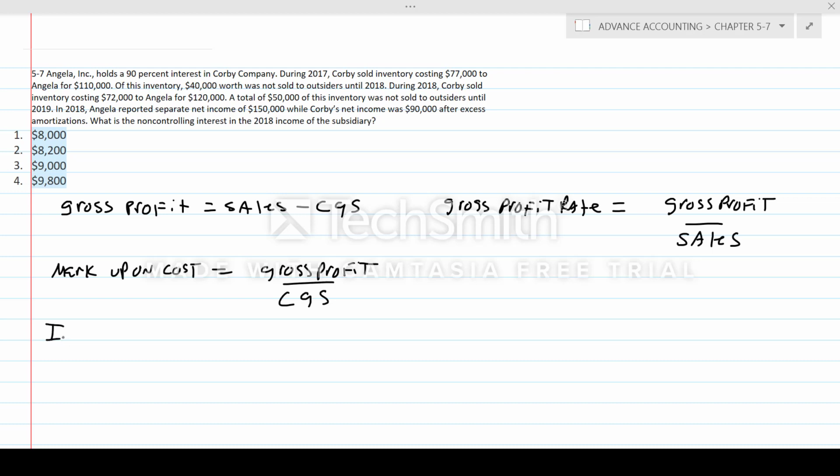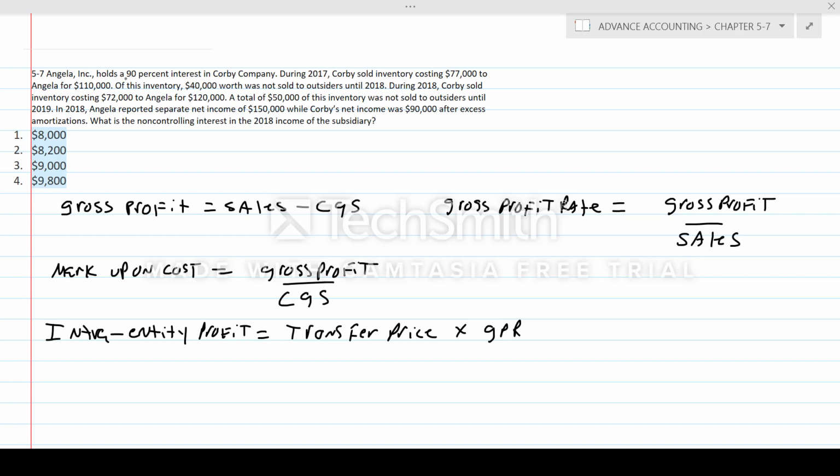And you have an intra-entity profit is equal to the transfer price times your gross profit rate. So once you have these formulas, we look back at the problem and we're going to pull out our data.